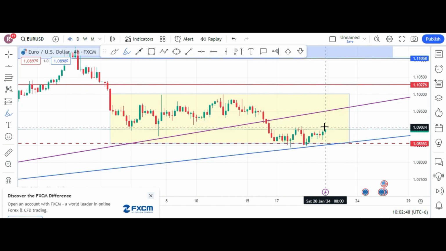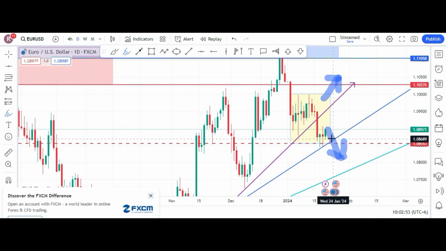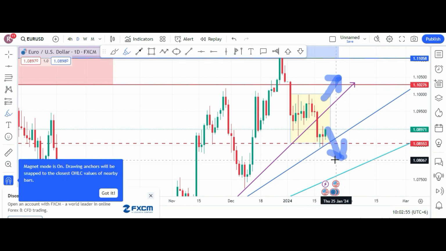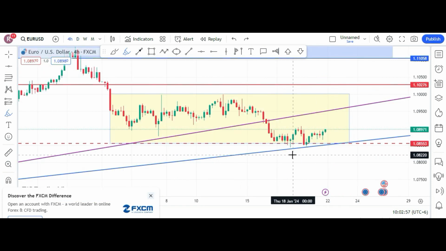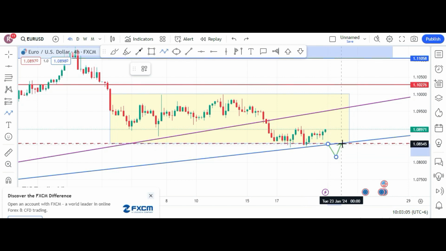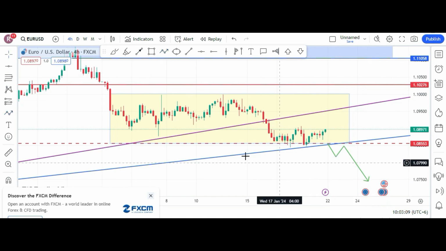But it failed to move up at that extent also. So until this area, let me draw it more clearly so you guys can understand. Until it is breached here, retested and moved.